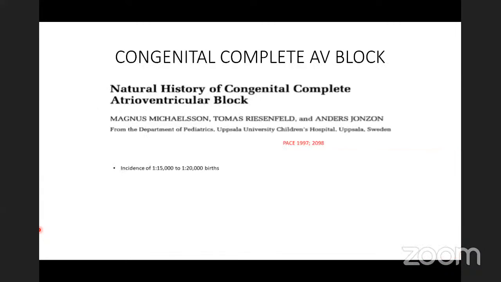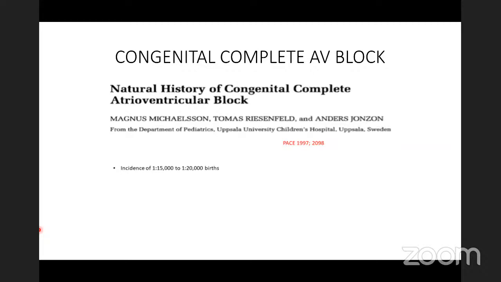The other important cause of bradycardia in newborns is congenital complete AV block. When we look at the incidence of complete heart block, it's up to 1 in 15,000 to 20,000 births.